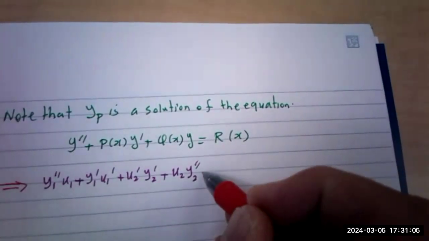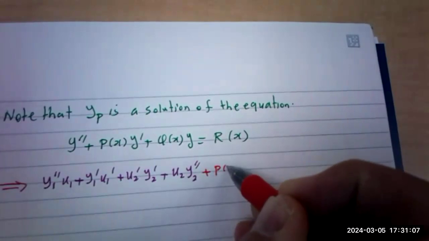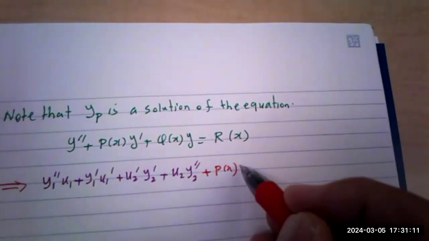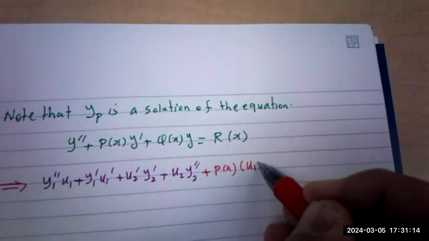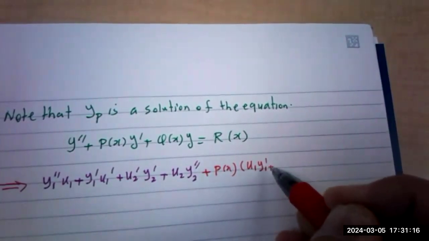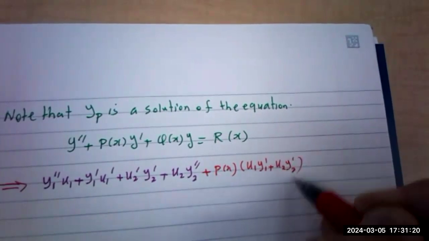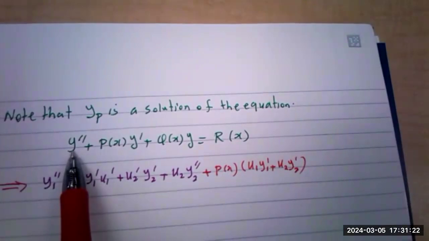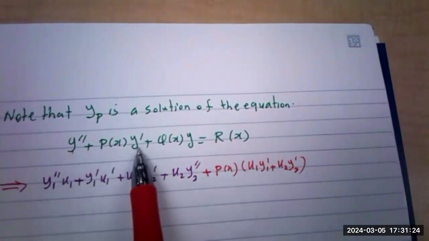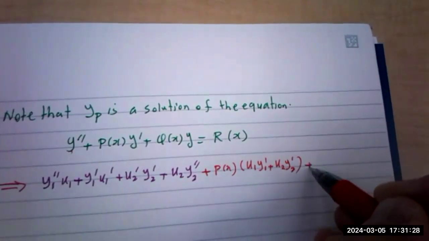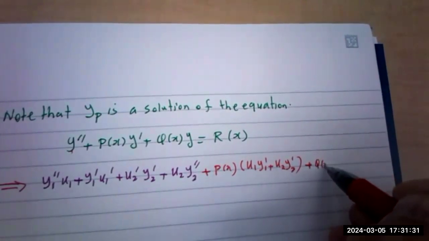Continue, plus p(x) times y prime. So what was the y prime? y_p prime was u1 y1 prime plus u2 y2 prime. So that is y_p double prime, that's the y_p prime, plus q(x) times y_p.